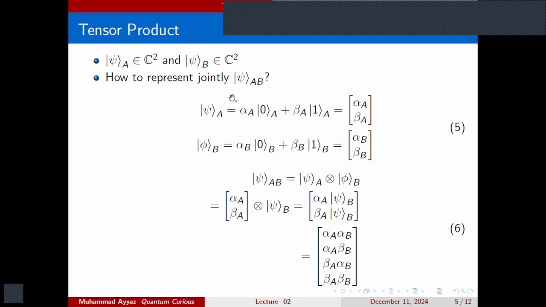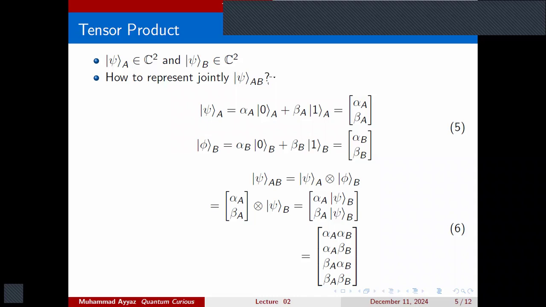So consider we have states psi A, an element of a state space of dimension 2, and similarly psi B, also an element of a state space of dimension 2, and we want to write their joint state. How can we write this joint state?